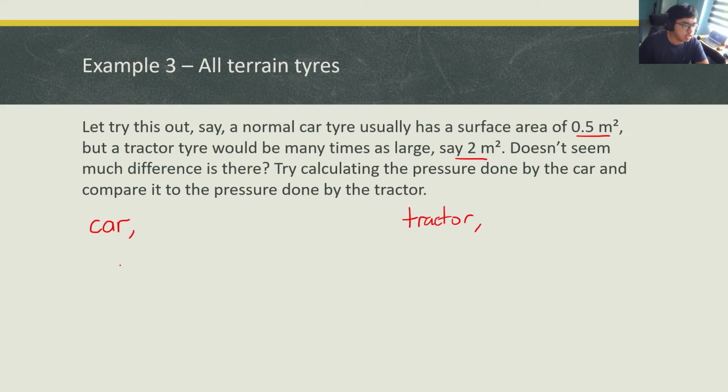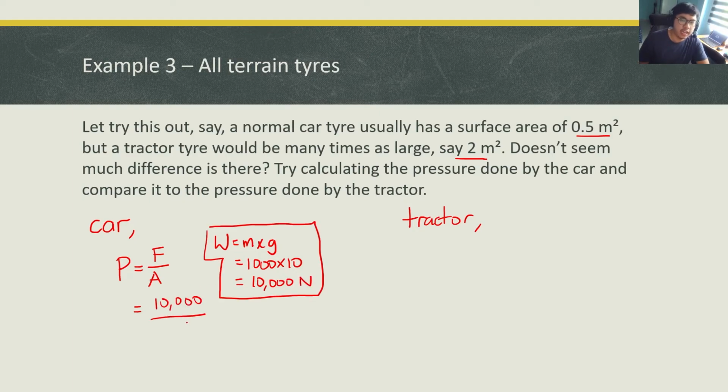Okay, let's calculate the car first. This is the formula we use. The force of the car exerted on the ground, what is the force? The force is equal to the weight. In the car's case, it has a mass of 1000 and therefore it has a weight of 10,000 newtons.